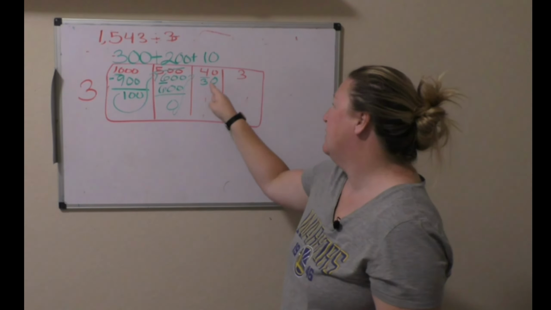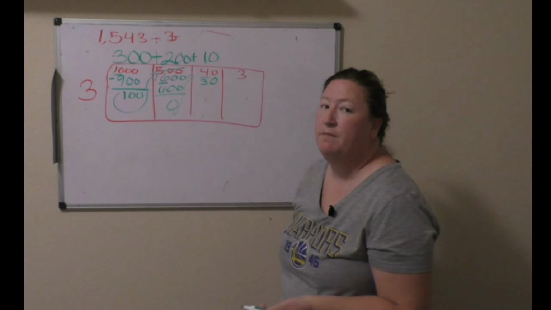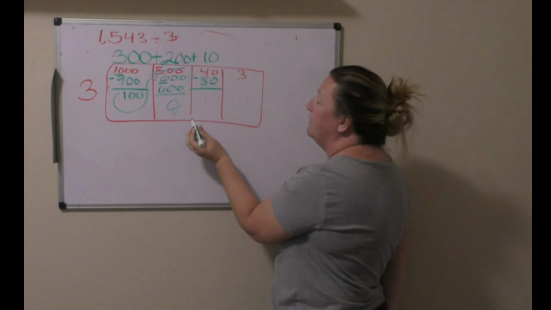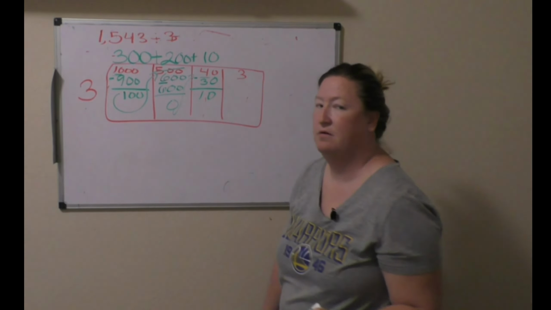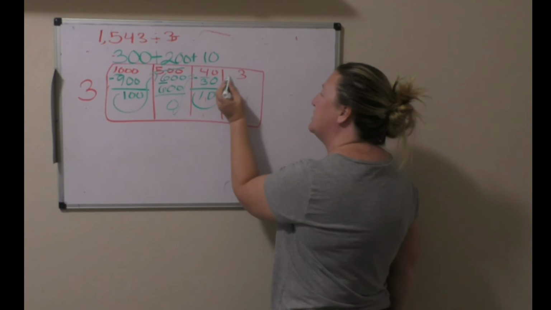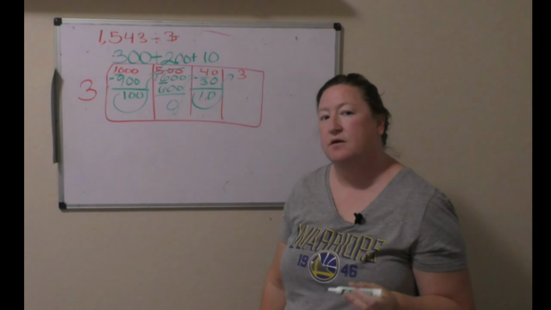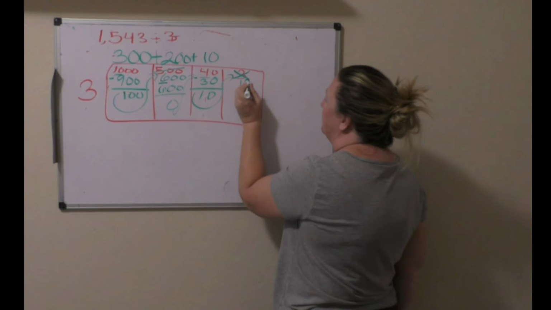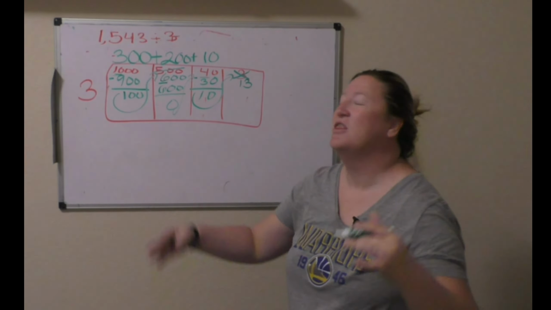So right now we're here. 40, my next step is to subtract. 40 minus 30 is 10. I'm going to bring my 10 all the way over to my 3. 10 plus 3 gives me 13. 3 goes into 13.